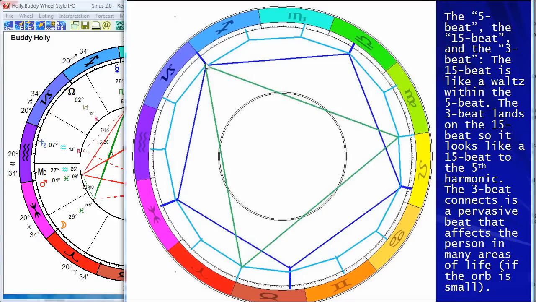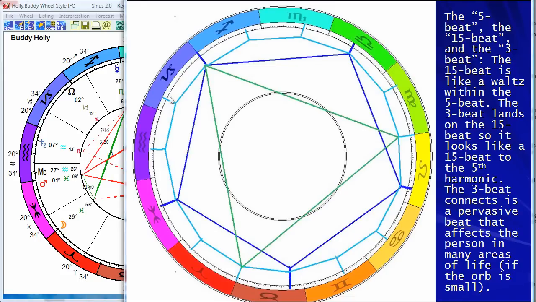So if, say, the Sun is here and Jupiter is here, it's on a 15 beat, and that's 3 beats for each of these 5. So we're getting 1, 2, 3, 4, 5, and it's literally a waltz.